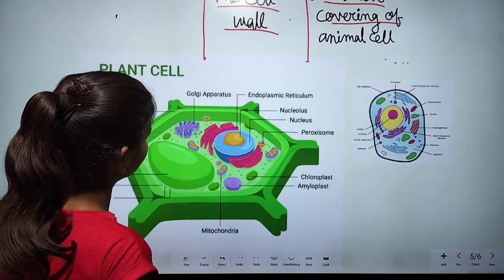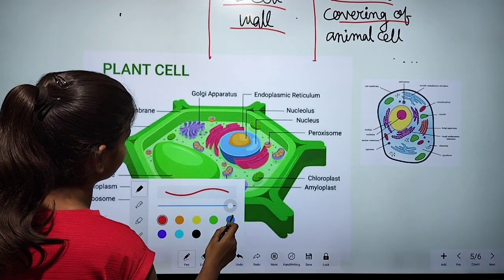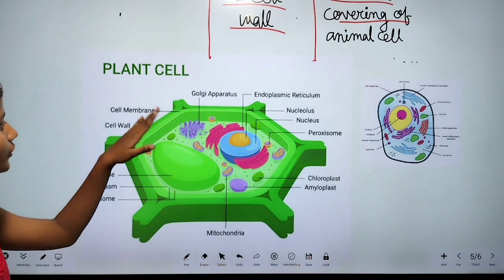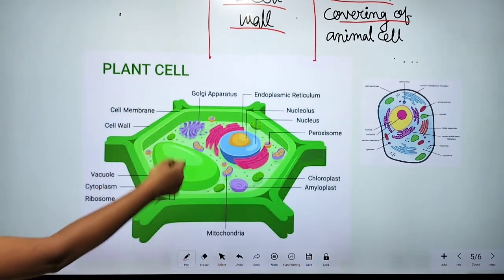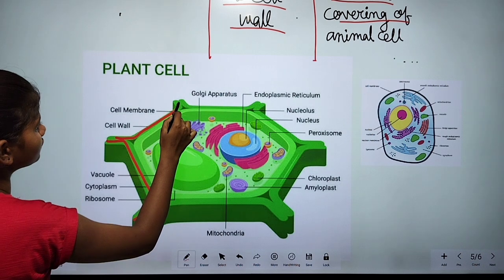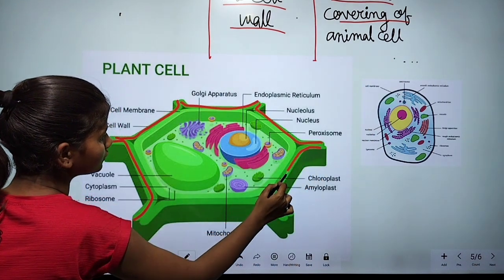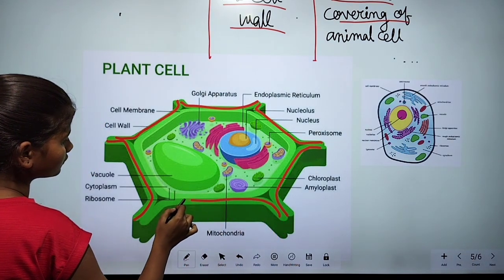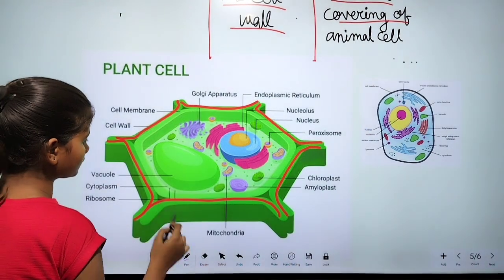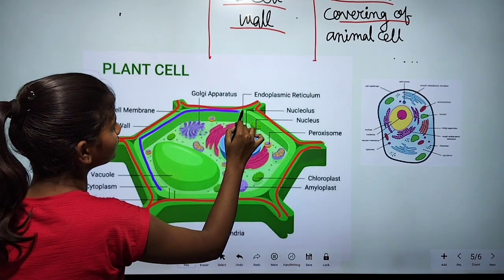The figure. In plant cell, cell membrane is present but below the cell wall. This one is cell wall, and below the cell wall, this one is plasma membrane.